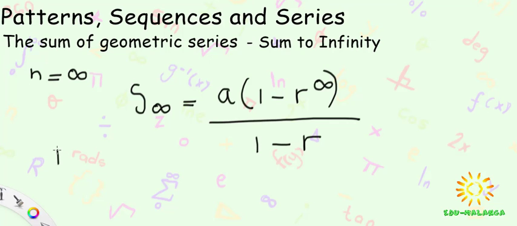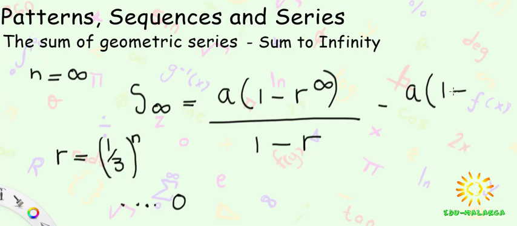Let's remember, we said our r was a fraction, for example 1/3, and as our n tends to infinity for that kind of series, the number gets smaller and smaller and smaller and tends to 0. So we're then going to have a times open brackets 1 minus 0, because at infinity, when we have 1/3 to the power of infinity, we're going to get a 0, divided by 1 minus r.